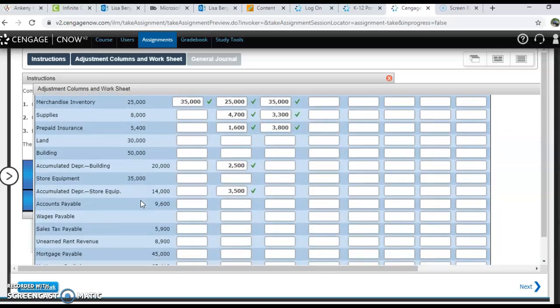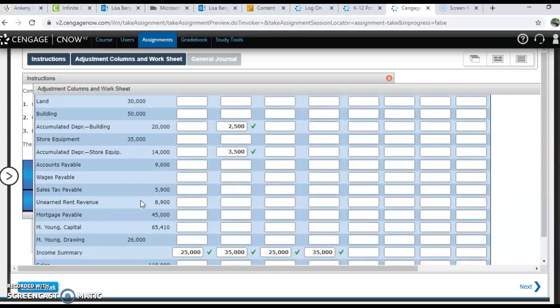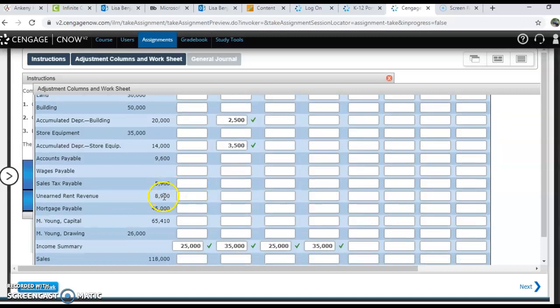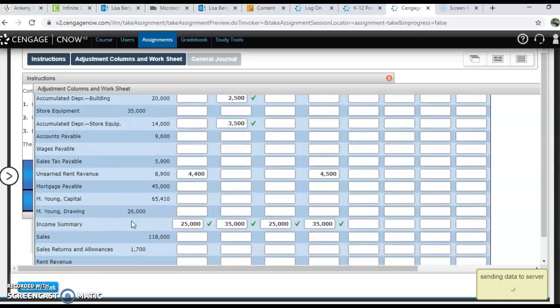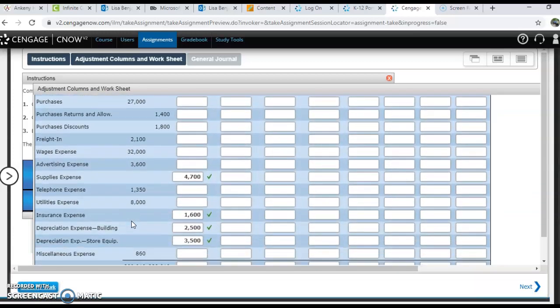We have $8,900 and that's a credit. They're telling us that the ending balance is $4,500, which means we have used up $4,400. So notice that I have to debit this one because we're dealing with a revenue. And then down below, we're going to put that to rent revenue.